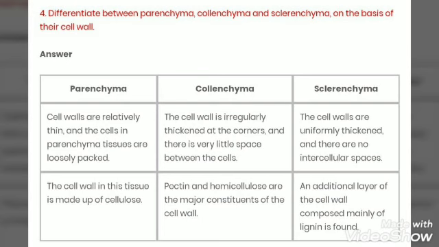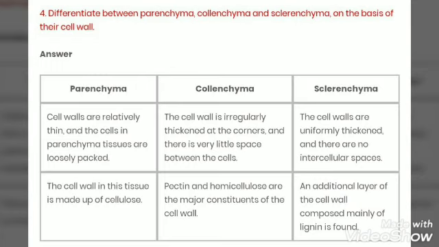The next question is to differentiate between parenchyma, collenchyma and sclerenchyma on the basis of their cell walls. See children, in parenchyma cell walls are relatively thin and cells in the parenchyma tissues are loosely packed. Also, the cell wall in this tissue is made up of cellulose.